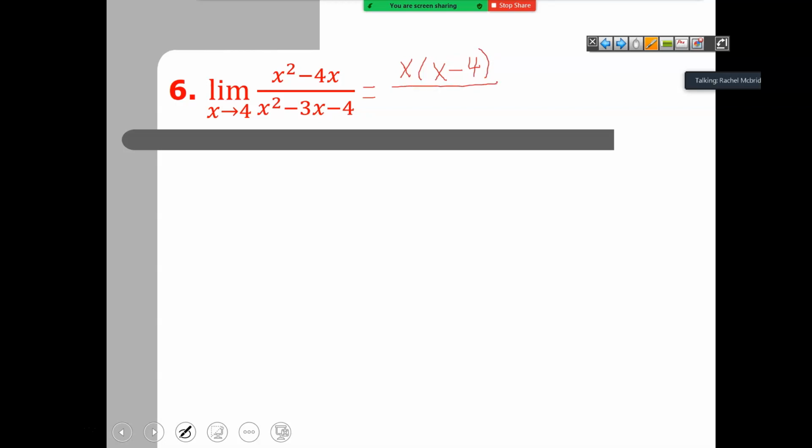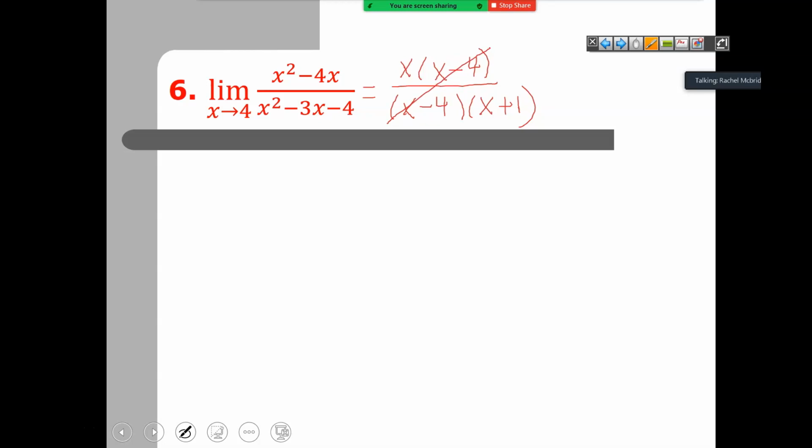Alright, so we have x over x minus 4, or x times x minus 4 over our denominator factored. So that's going to be a negative 4 and a positive 1. So you have x minus 4 and x minus 4 to cancel. So when you cancel those factors, that's called removable discontinuity.